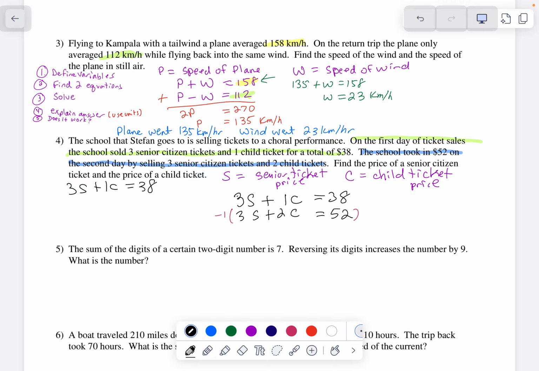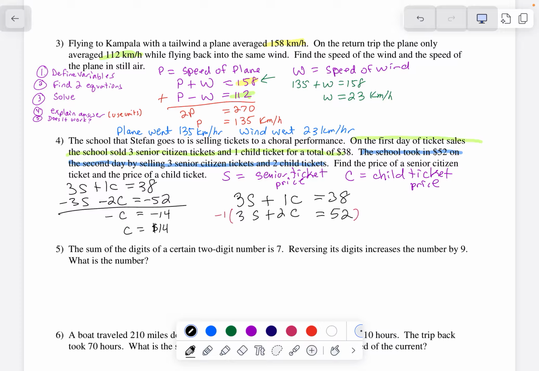The bottom equation, if I multiply everything through by -1, that's what I get. Okay? Now, because that 38 was smaller, if you decided to multiply everything on the top equation through, that's fine, however it works for you. We get -1C is equal to -14. And so C is 14, and it would be dollars.